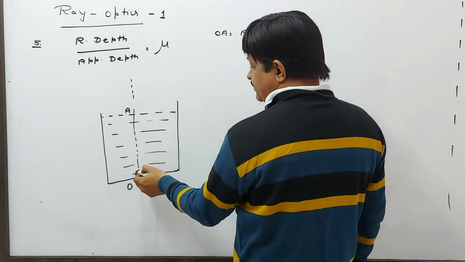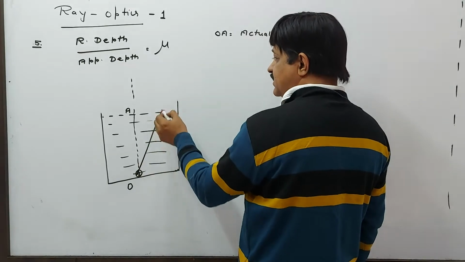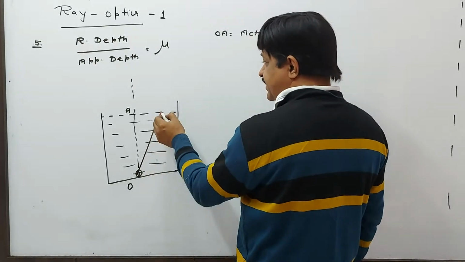But if you visualize from a different angle, then because of denser to rarer, the light bends away from the normal.